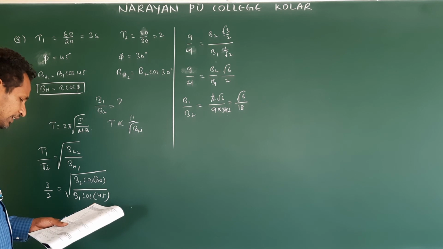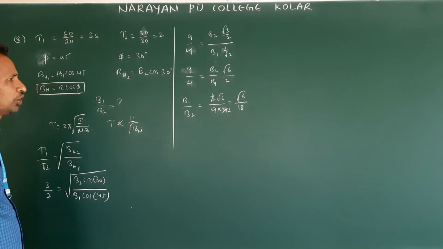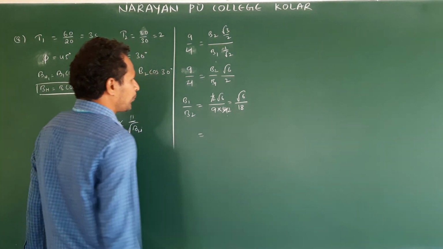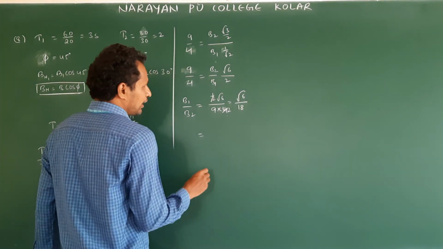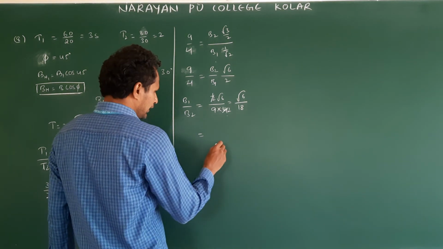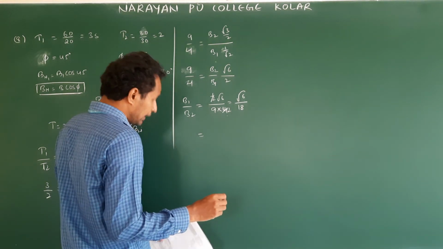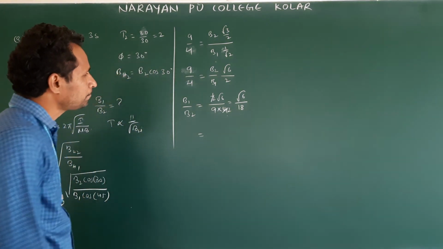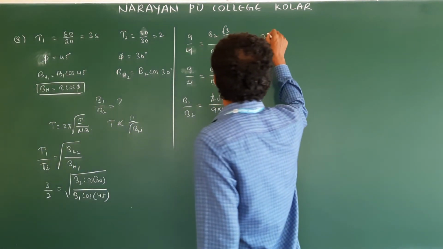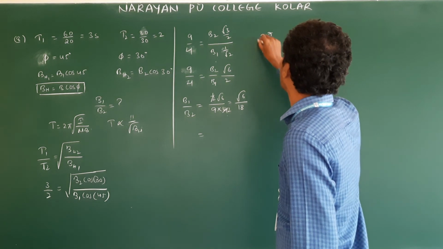27 by 8 root. Not possible. 27 by 8, they have given this answer. How do we write this? 27 by 8, we will do 27 by 8 root.